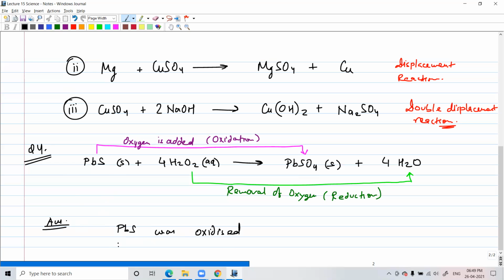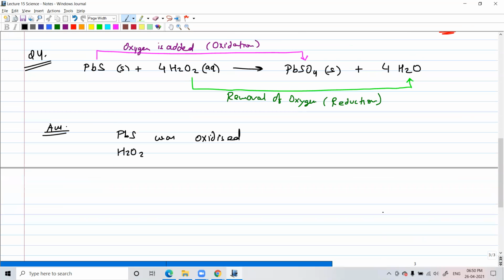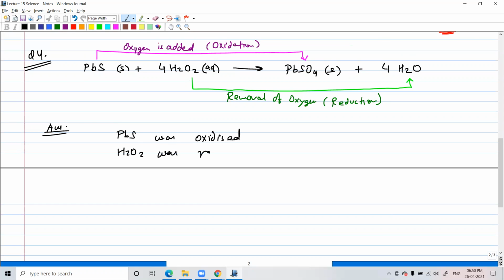oxidized, and H2O2. Anybody knows what is the name of H2O2? H2O everyone would have heard. What is H2O2? Hydrogen peroxide, sir. Yes, hydrogen peroxide. Very good. H2O2 was reduced. So tell me which is the oxidizing agent and which is the reducing agent here?